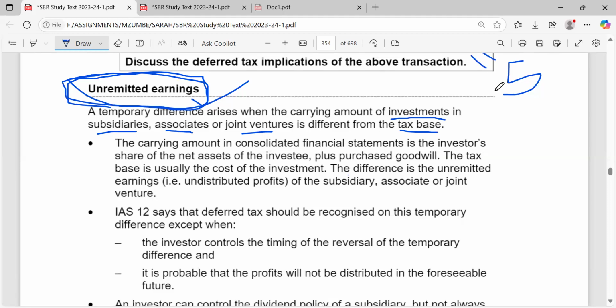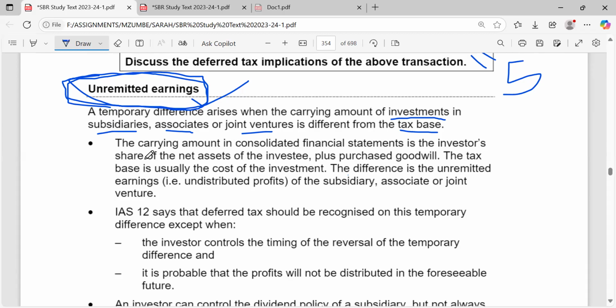That's why I told you that goodwill is obtained by purchase consideration plus non-controlling interest minus the fair value of net assets. Now you're speaking of the investment cost. The carrying amount in consolidated financial statements is the investor's share of net assets of the investee, plus the purchased goodwill, right?